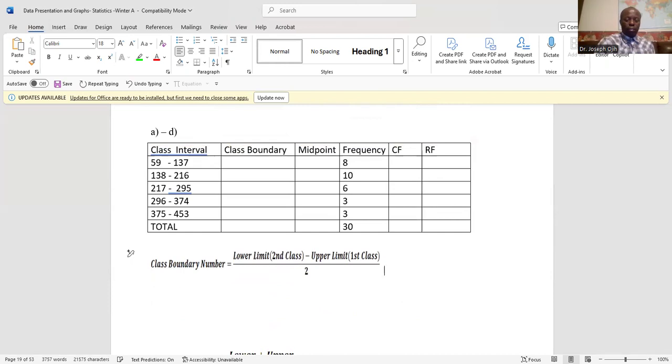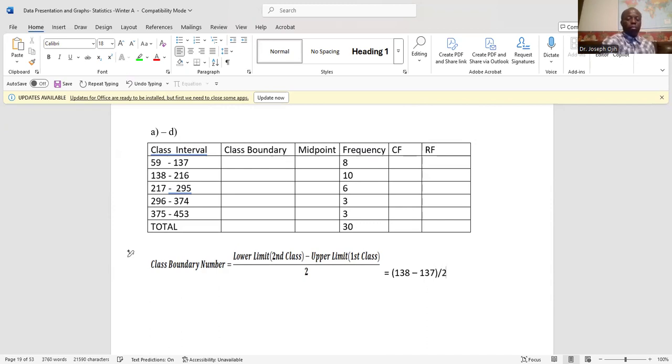Let's do it. So you can get the boundary number. Lower class limit, this is the second class right here. Lower class limit of that class is 138. Then upper class limit of the first class, this is the first class right here, which is 137.